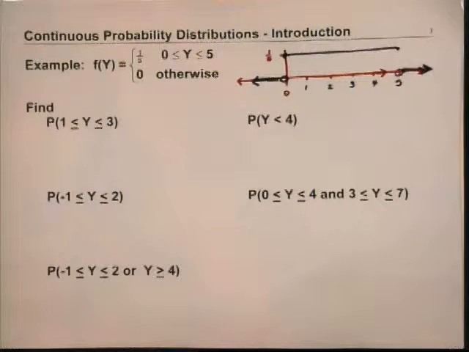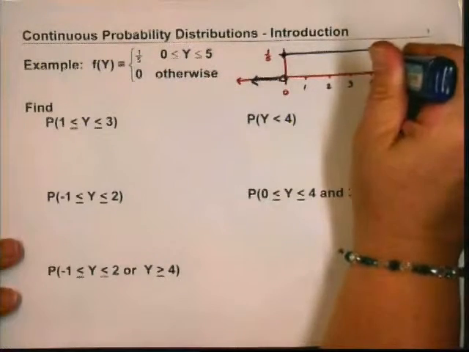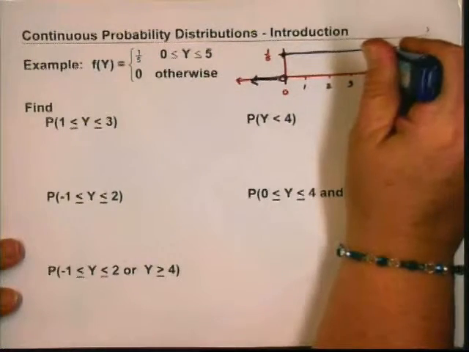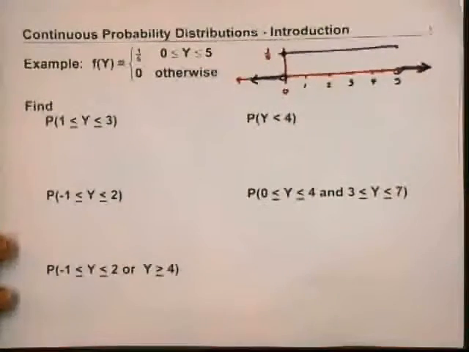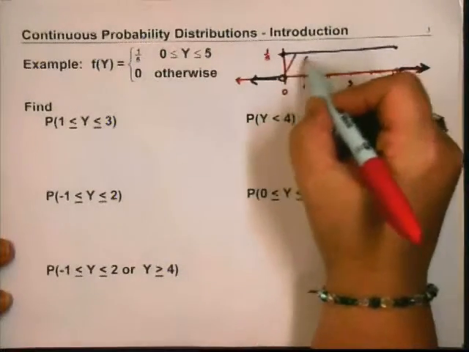This satisfies the first condition of the PDF, in that the function is non-negative everywhere. Okay? Is the area 1? Is the total area under the curve and above the horizontal axis equal to 1? Well, yeah, real simply here. We have this area in here.